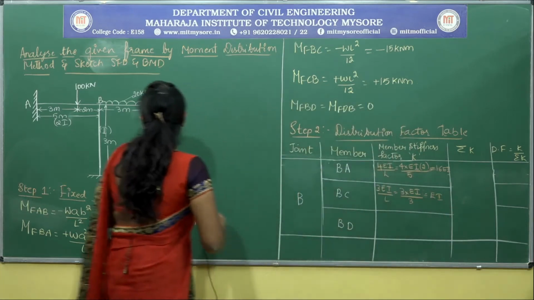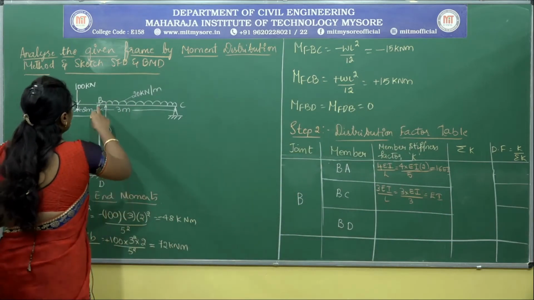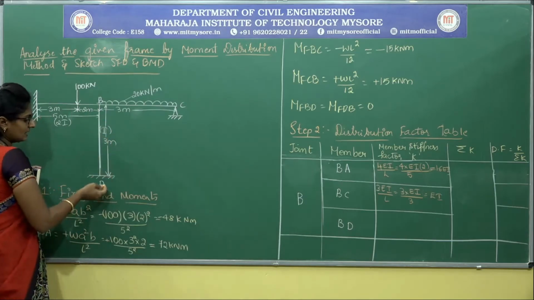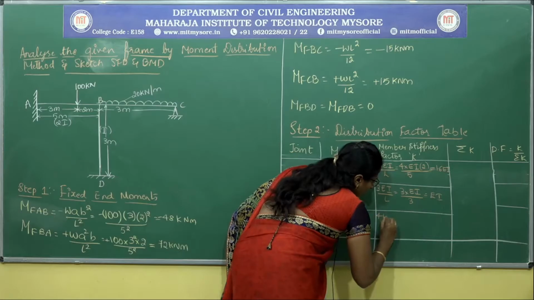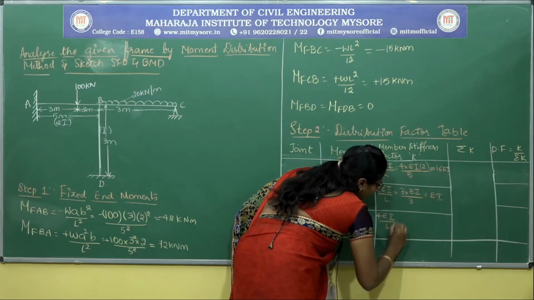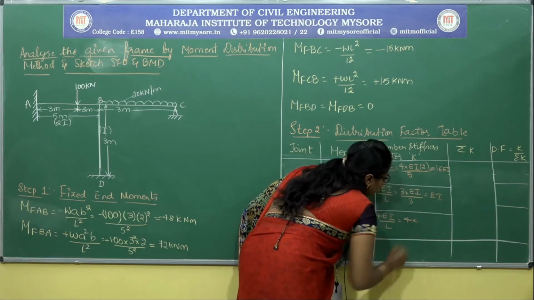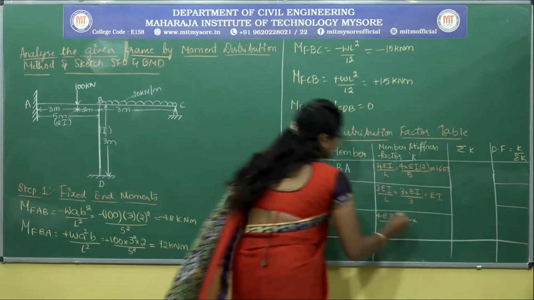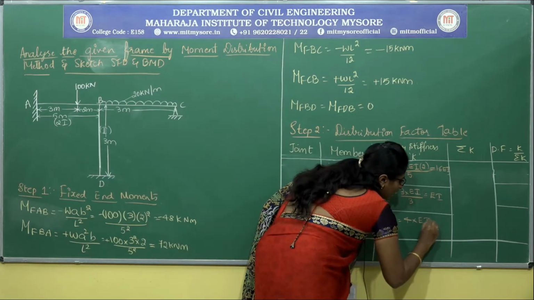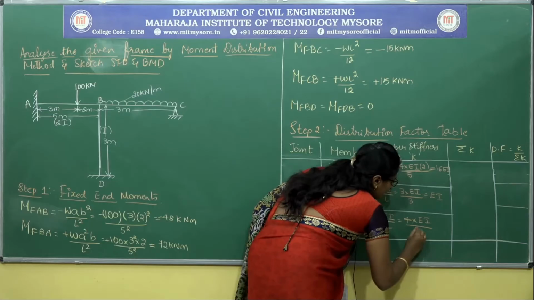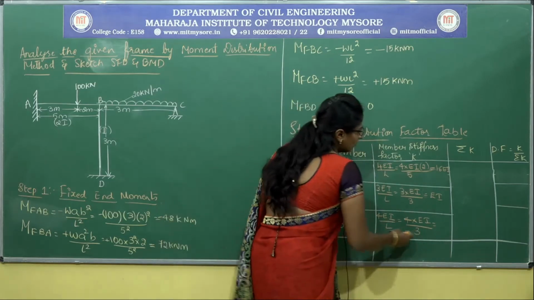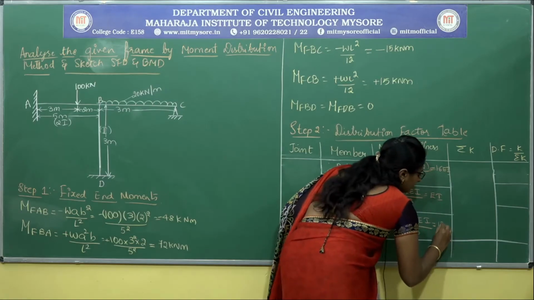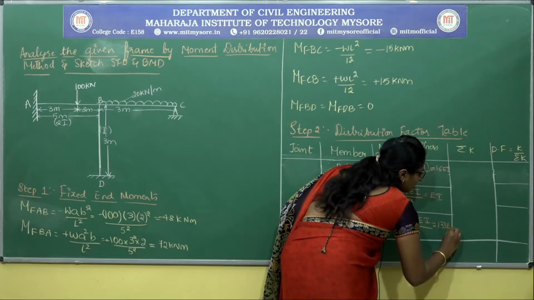Next, for span BD, near end is B, far end is D. Since the far end is fixed, the stiffness factor will be 4 EI by L. That is equal to 4 into EI, it is just I. Then what is length? It is equal to 3. So 4 by 3 is 1.33 EI.